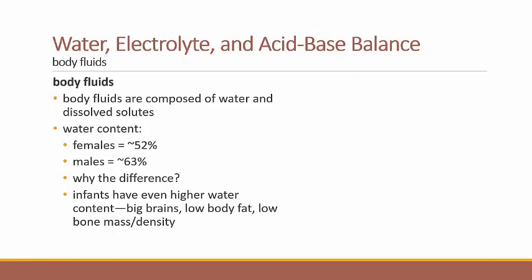And the brain is a very, very soft tissue, with lots and lots of water content there. And they have, relatively speaking, low body fat and low bone mass as well. So their bones aren't fully ossified, and so they have less bone tissue and more fluid-based tissues in their bodies.